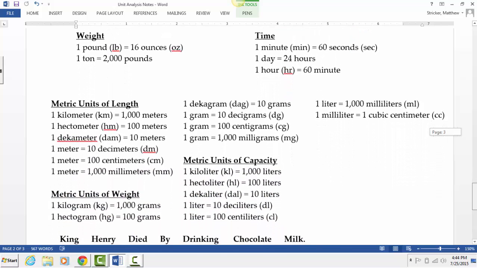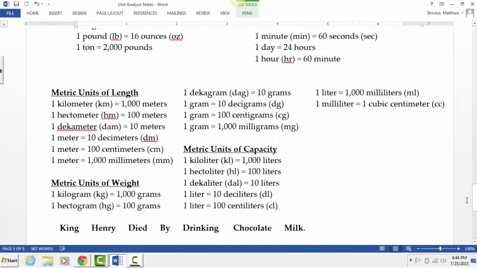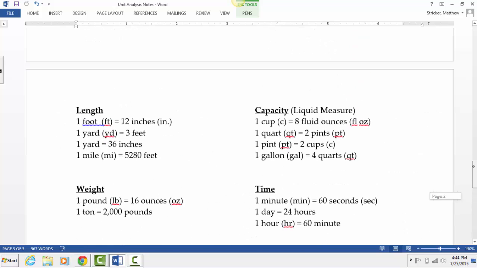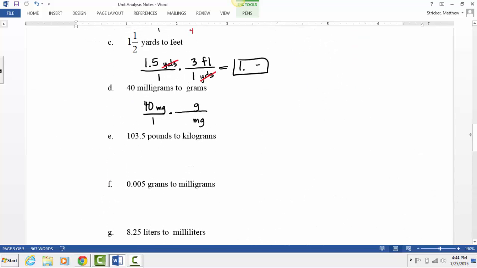So let's go ahead and look at the table. We have grams to milligrams. There's 1 gram is equal to 1,000 milligrams.